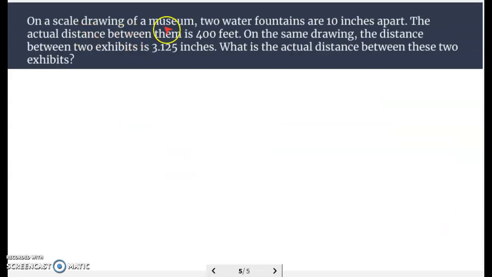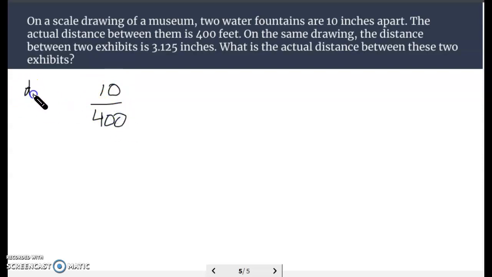On a scale drawing of a museum, 2 water fountains are 10 inches apart. The actual distance between them is 400 feet. On the same drawing, the distance between the 2 exhibits is 3.125 inches. What's the actual distance between these 2 exhibits? So we're going to use the 2 fountains. That kind of gives our ratio, and the ratio is 10 to 400.